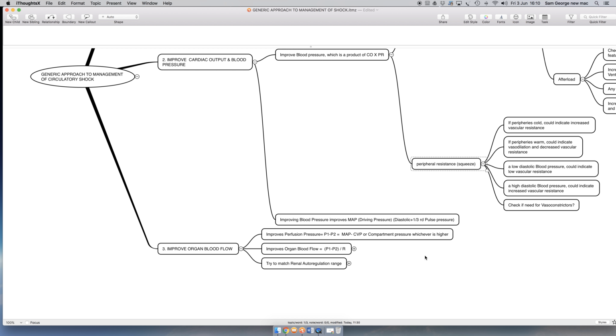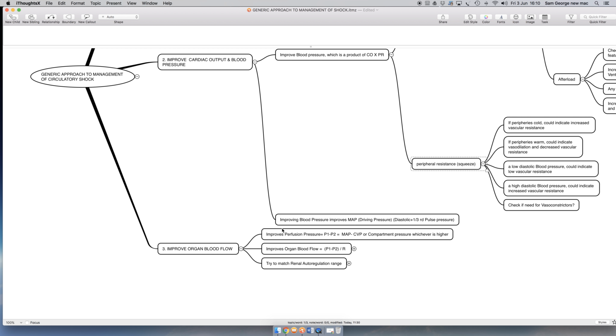So if a patient has raised intracranial pressure, more than the central venous pressure, that becomes the opposing pressure, and therefore you have to consider that. And in order to improve the perfusion under those circumstances, we may increase the mean arterial pressure so that the perfusion pressure is maintained.